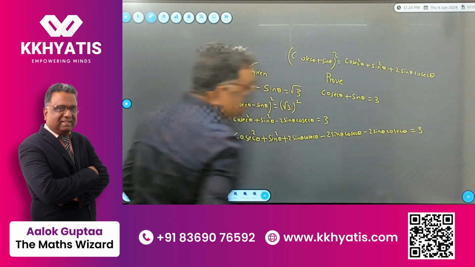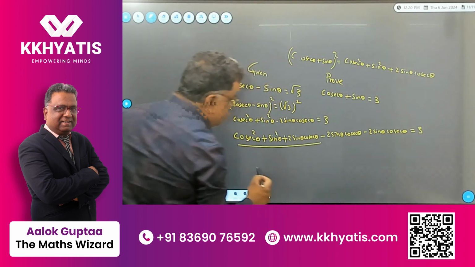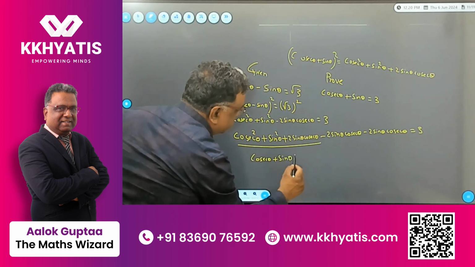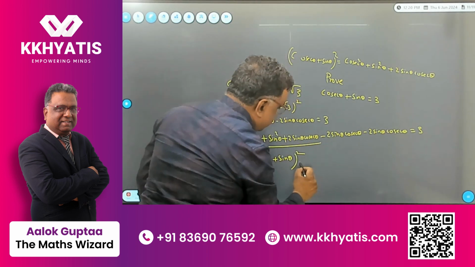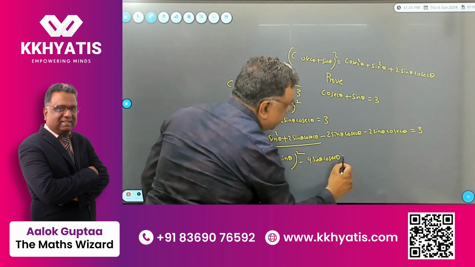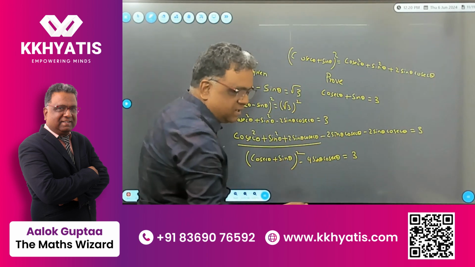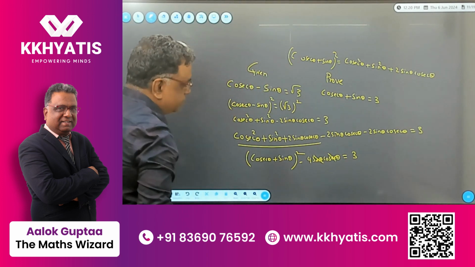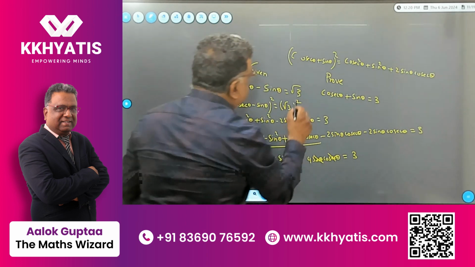equals to 3. Understood? Now what happens is that this now becomes cosec theta plus sin theta the whole square. Yes or no? And this will become minus 4 sin theta cosec theta equals to 3. Now we know sin theta and cosec theta are reciprocals of each other, so they will cancel out. And then it was root 5.